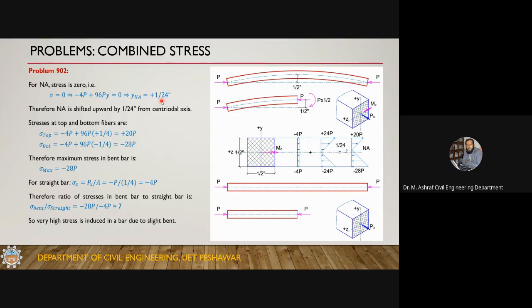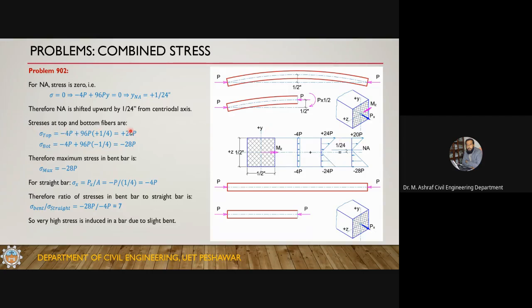In the case of pure bending, we know that the neutral axis coincides with the centroidal axis, but in the case of combined stresses, the neutral axis does not coincide with the centroidal axis of the member. It is not necessary that the neutral axis coincides with the centroid of the section. In this particular case, it has shifted upward.